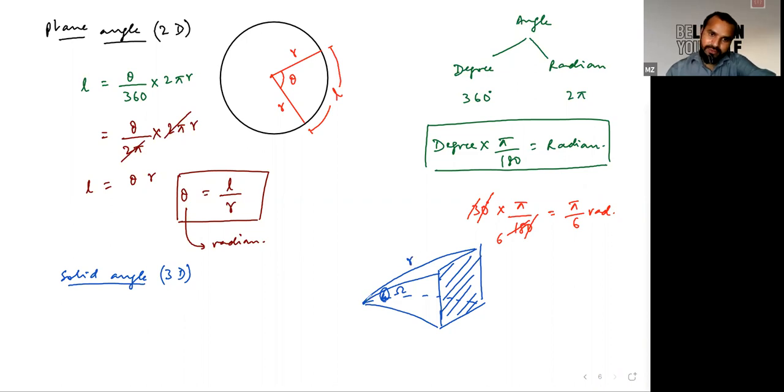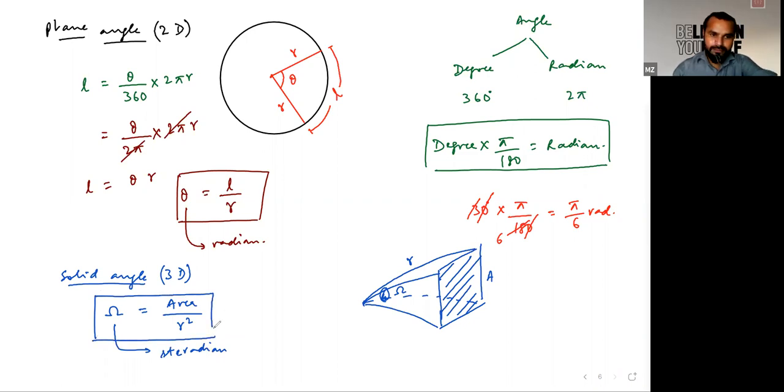This is your distance from the vertex to that area A. So we define solid angle is equal to area in front of it over r square. This particular solid angle is measured in the unit that is called steradian. Is it clear? Yes. Faiza? Yes, sir. Kezia, any doubt? No, sir. Okay. Just write down.